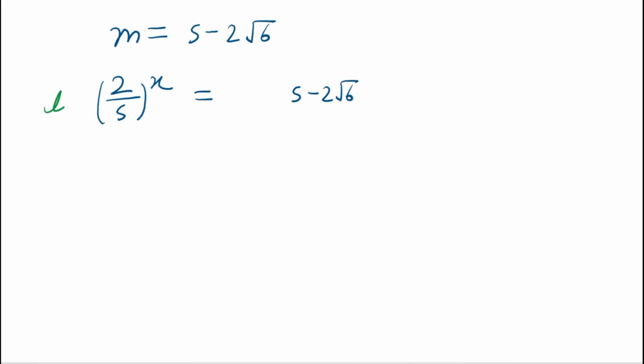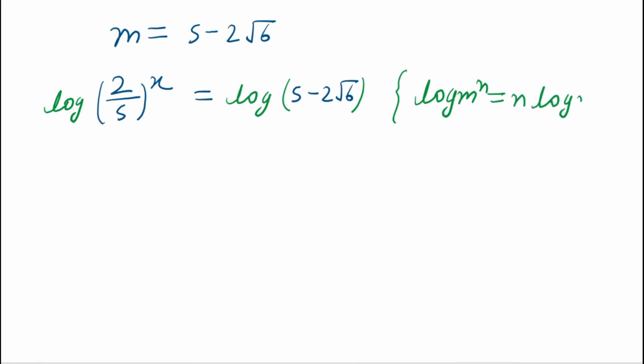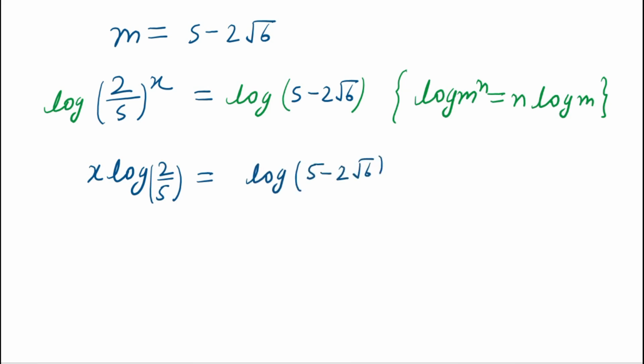If we take log on both sides, then on the left-hand side we will apply this rule again: log m to the power n is equal to n times log m. If we apply this rule, then this expression is x times log 2/5, and this is equal to log of 5 minus 2 times square root of 6.